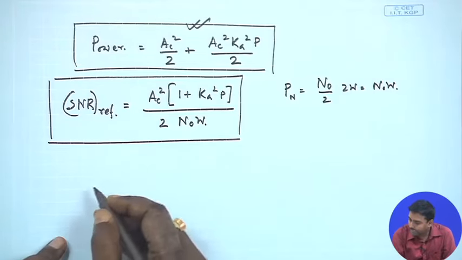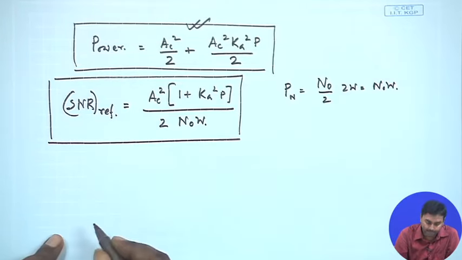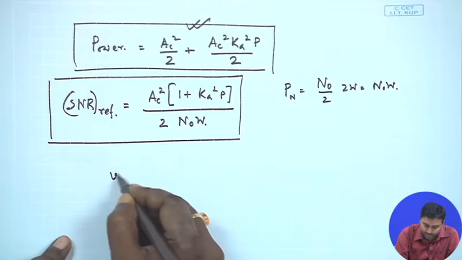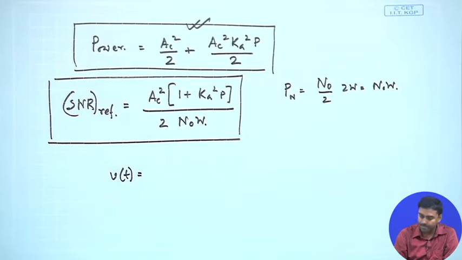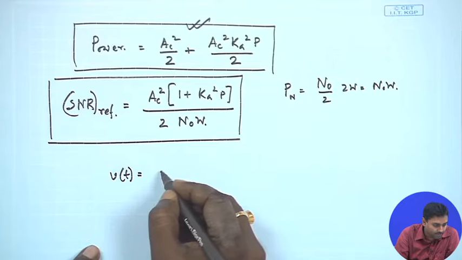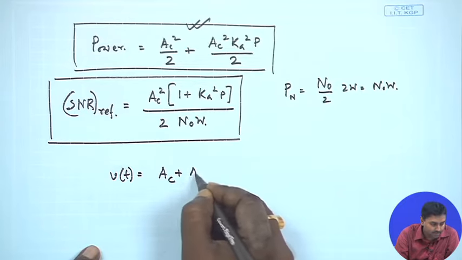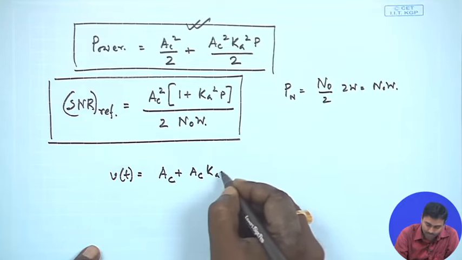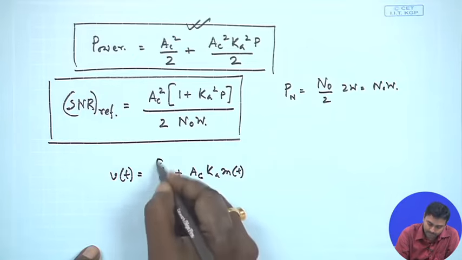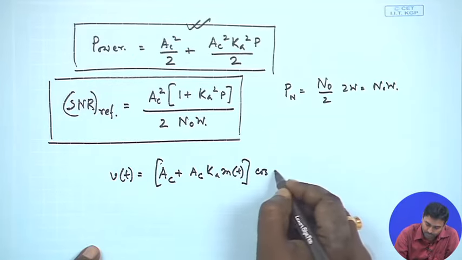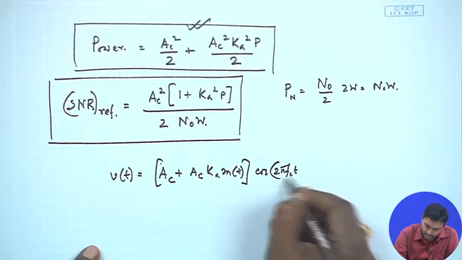So, after the band pass filter, if I call that signal v(t), that must be Ac plus Ac Ka m(t), times cos 2 pi fc t.